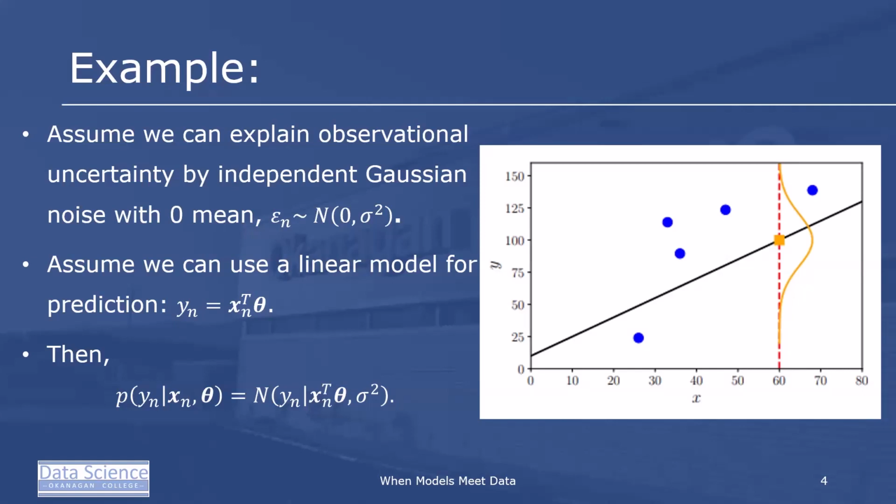We further assume that the linear model yn equals xn transpose theta is used for our prediction. This means we specify a Gaussian likelihood for each example pair xn, yn: the probability of yn given xn and theta is a normal distribution of yn given xn transpose theta with variance sigma squared.